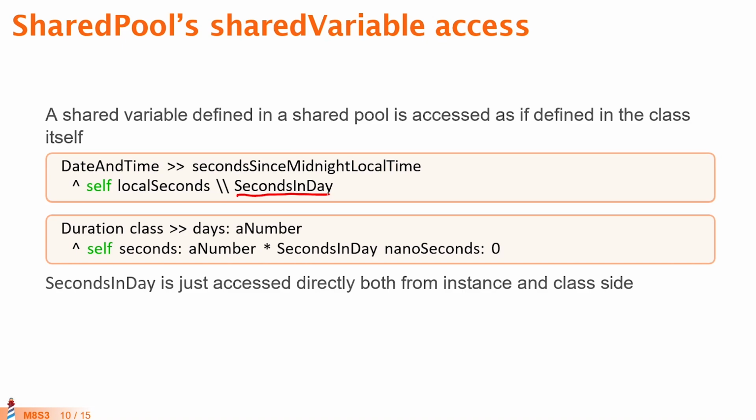So SecondsInDay, which was in the ChronologyConstants shared pool, is a class variable defined in that shared pool, but we can access it directly because the class DateAndTime declared that it wants to use this shared pool. You can do the same at the class level. For example, the Duration class will use SecondsInDay because Duration also wants to use ChronologyConstants.